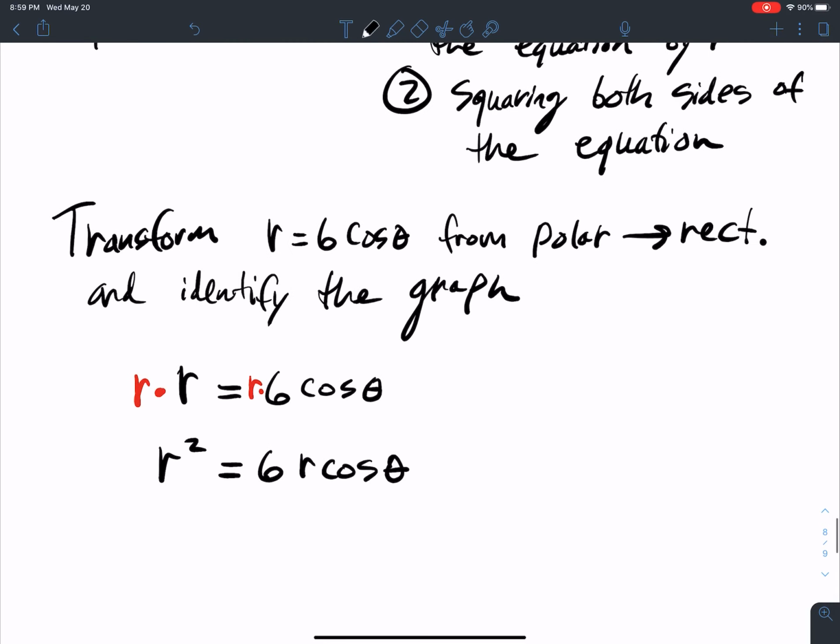Now, why is this good for us? Well, I know that r cosine theta is equal to x, and I know that r squared is equal to x squared plus y squared.